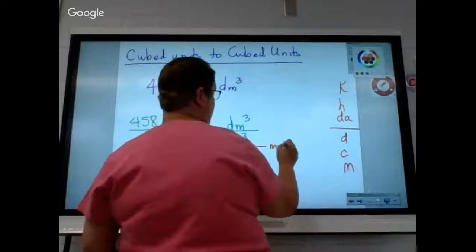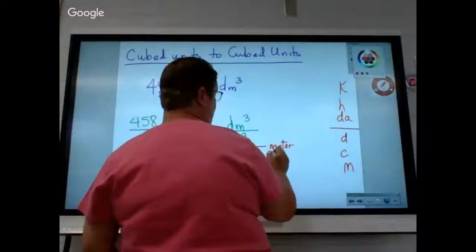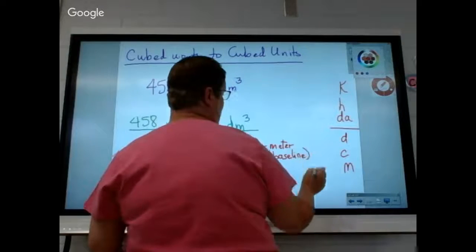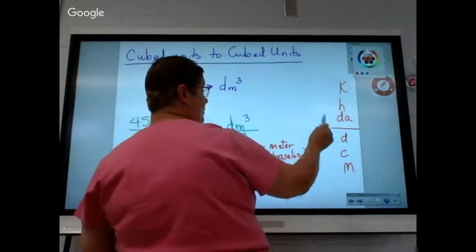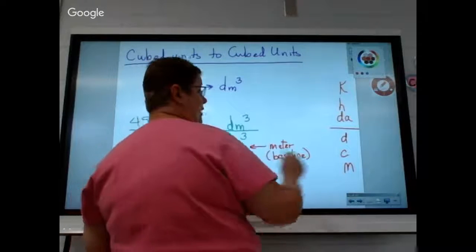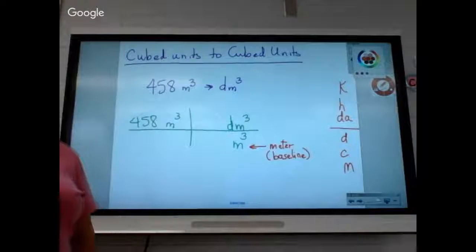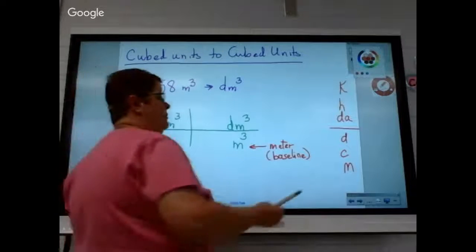That is a meter because there's one M. It is sitting on the baseline. Deci has a prefix, so it is sitting right there. So who is bigger? The meter is bigger.